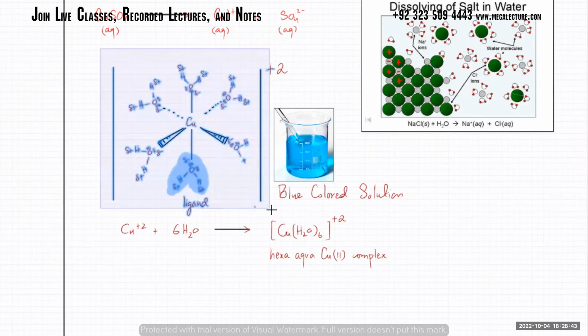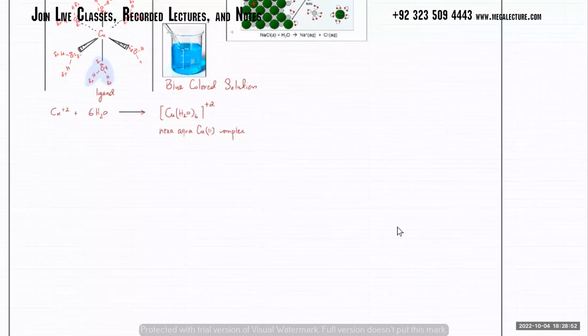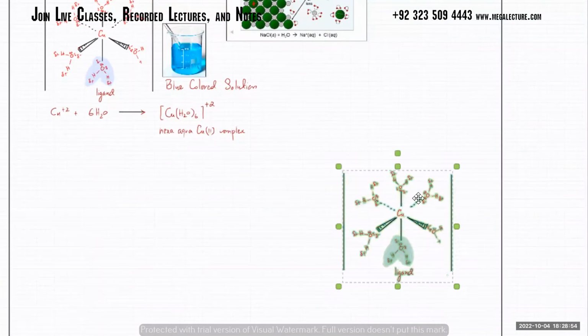We're going to do some ligand exchange reactions, and there are some other complexes that you have to remember as well. So here's another one, let me draw this over here.